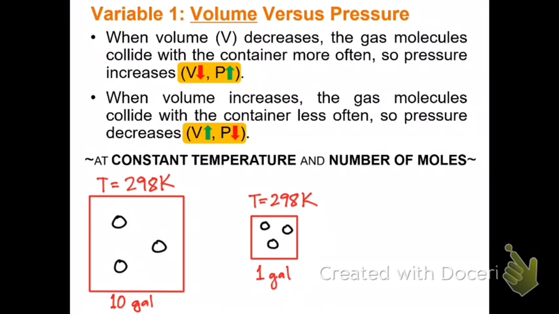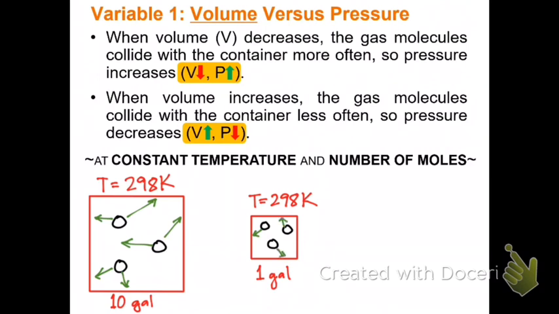We defined pressure earlier as the frequency of collision. These gas molecules inside the container are moving around very quickly, in random directions, striking the walls of the container. Now imagine the second, smaller container. These molecules will also collide with the walls of the container.